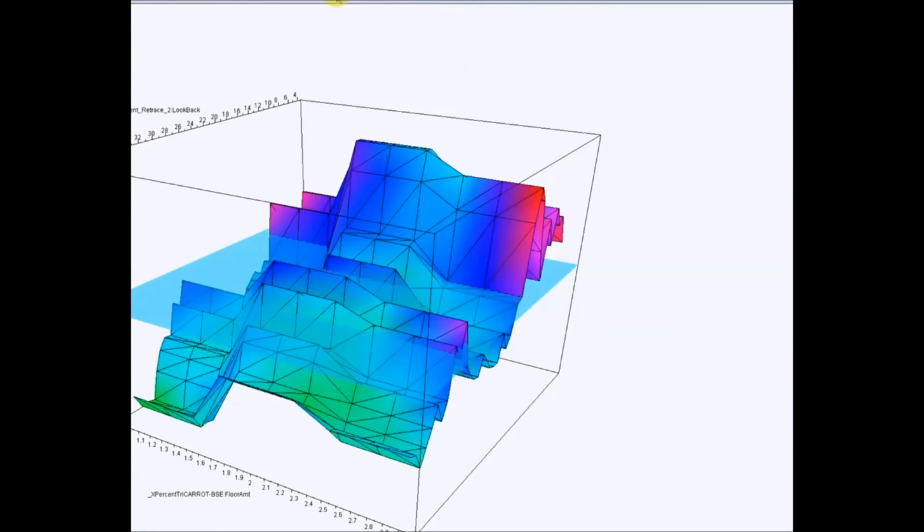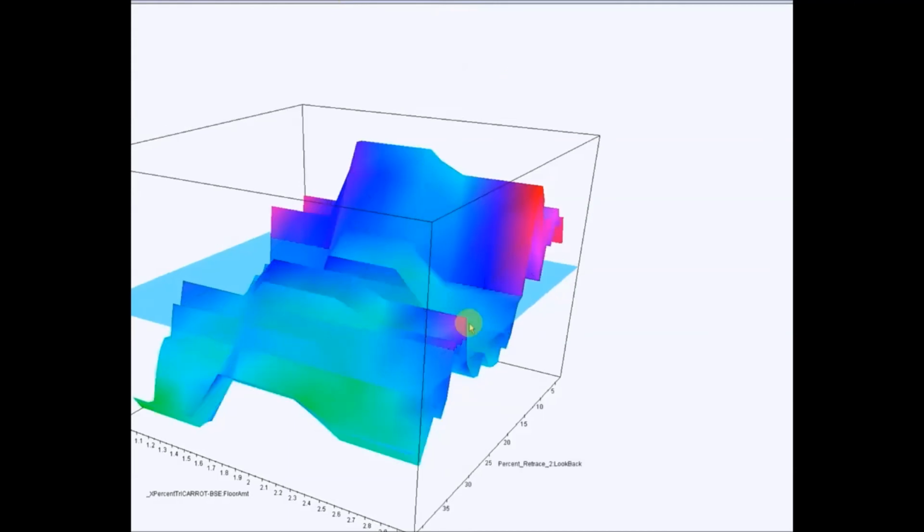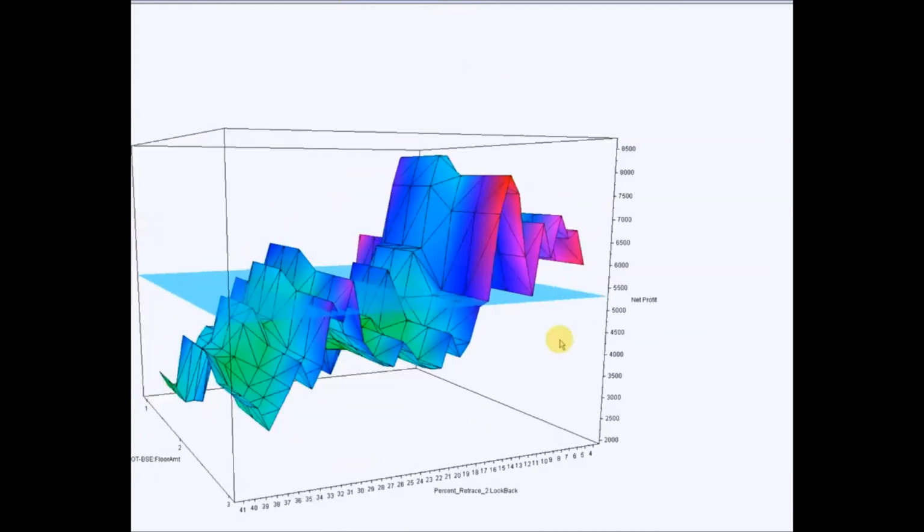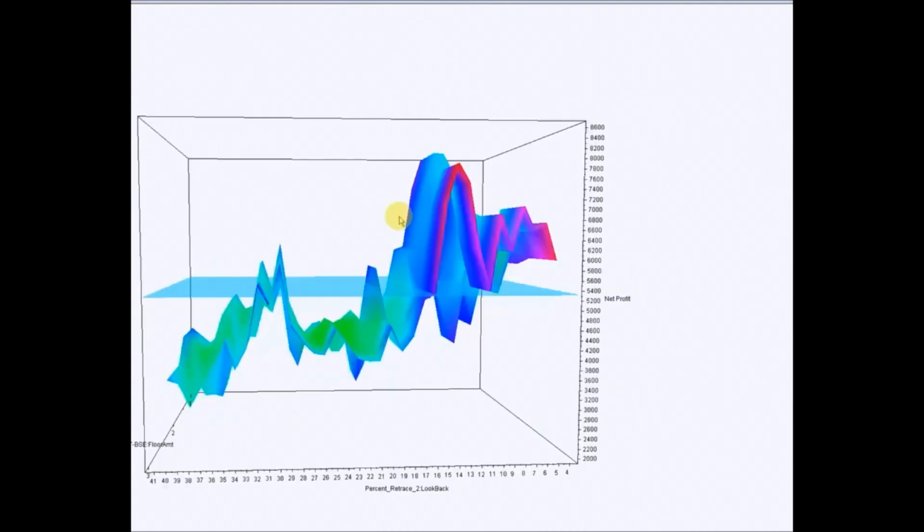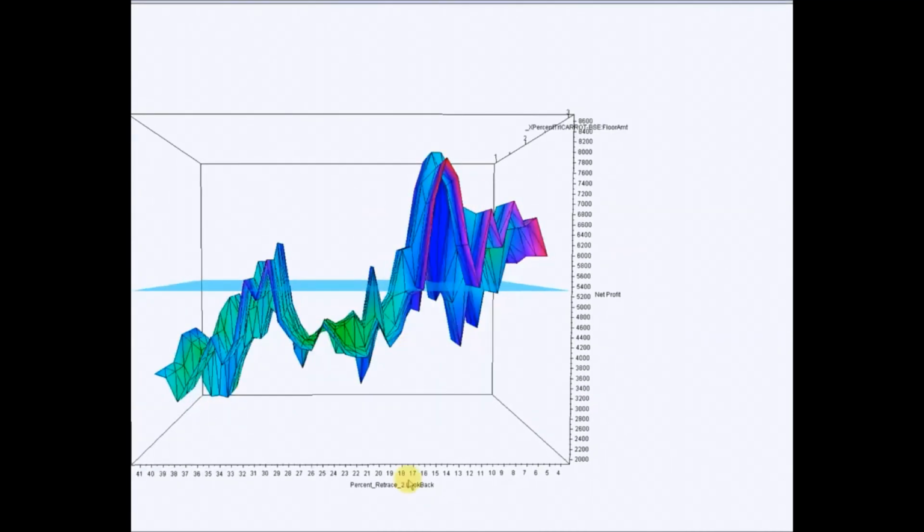All right, that should do it. So what you have here, John, is the results of an optimization put to a 3D rendering. What you're looking at is the look back on this percent retrace.